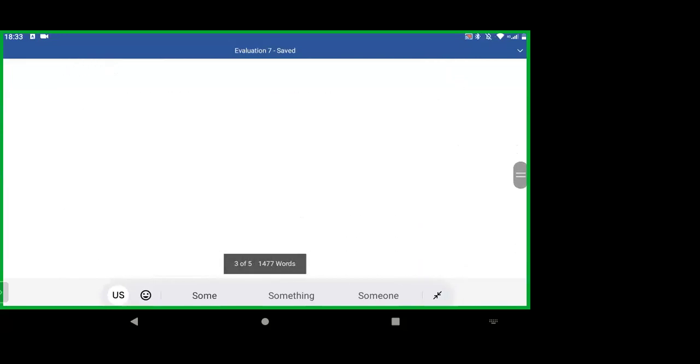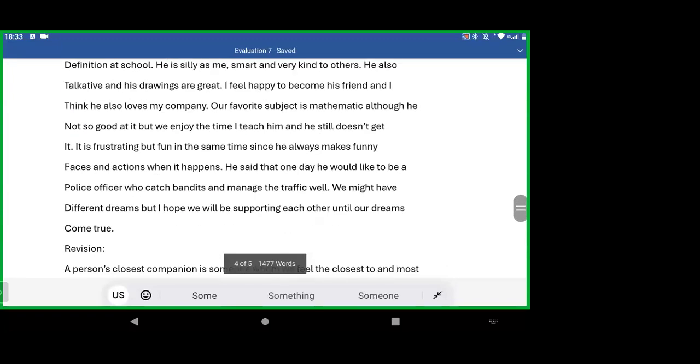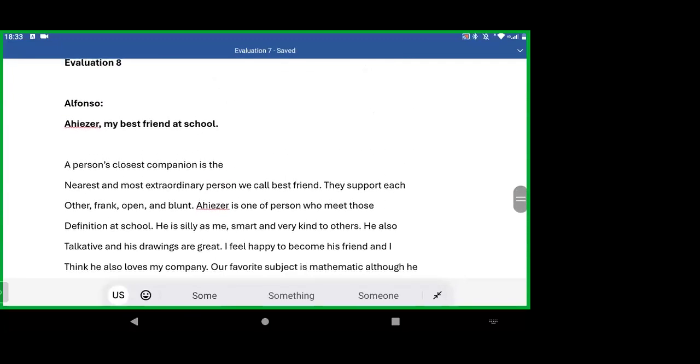It's okay, a really long gap. So this is for the eighth assignment. So I'm going to drink some water first.